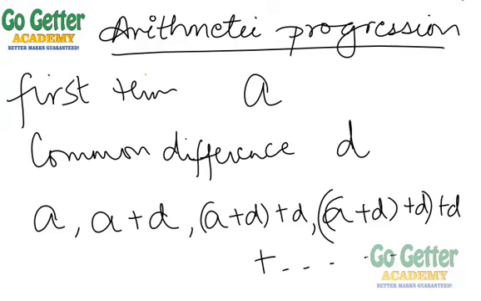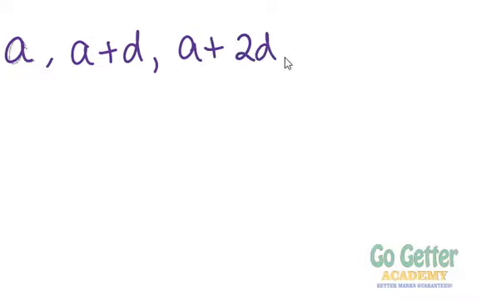So I can say that an arithmetic progression is being given by A, A plus D, A plus 2D, A plus 3D and so on.